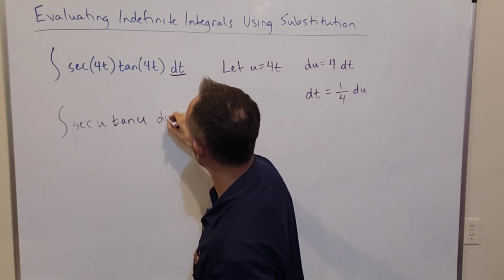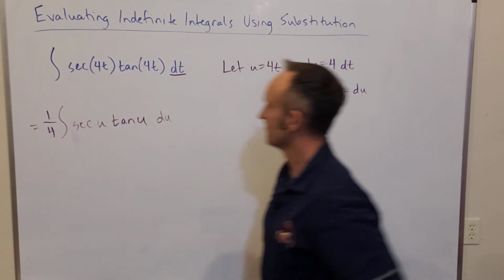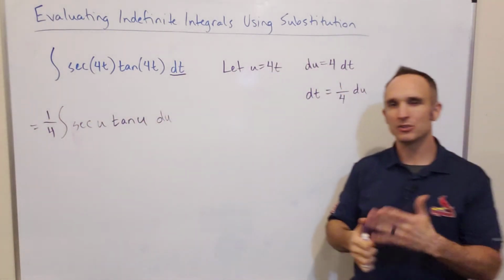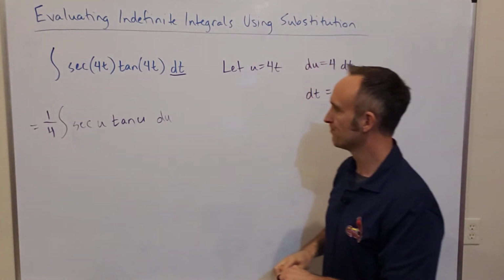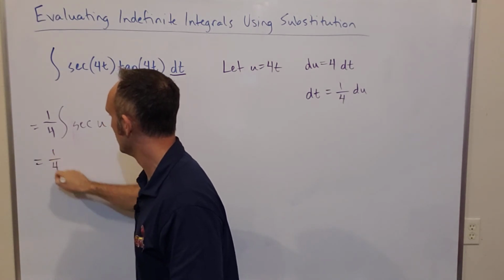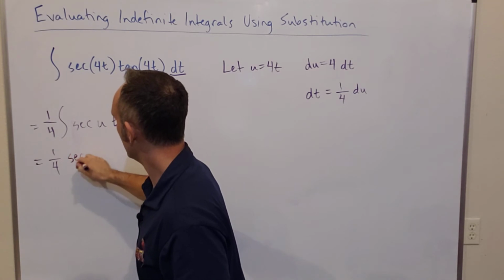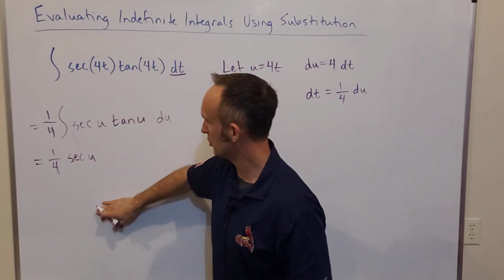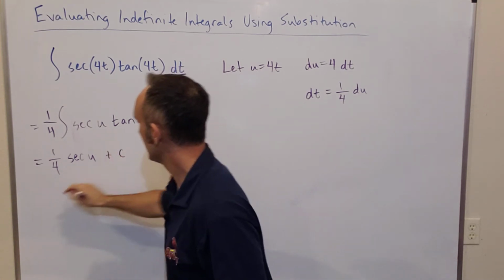So I'll put my du here, and I'll put my coefficient out here. And now I've got an integral that I'm comfortable with, all in terms of u. So the antiderivative of secant u tangent u is secant of u, right? The derivative of secant is secant tangent. So the antiderivative of secant tangent is secant plus c.